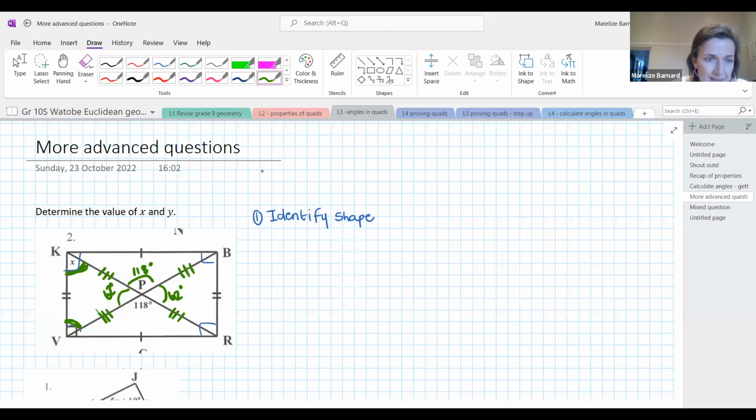We can say that X is equal to, let's write the whole thing down. Angle KPV is equal to 62, angles on a straight line.